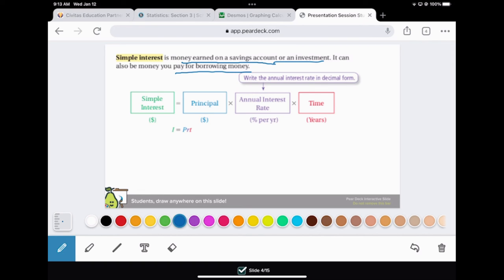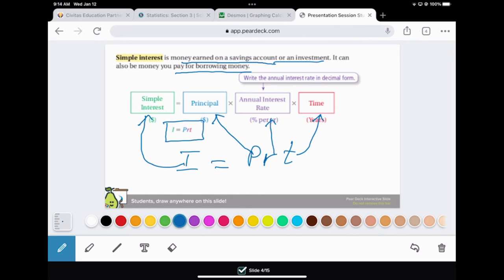So here is the equation that we're going to use. I'm going to write it bigger so you can see. For each of the letters, I stands for interest, P stands for principal, R stands for rate, and T stands for time.